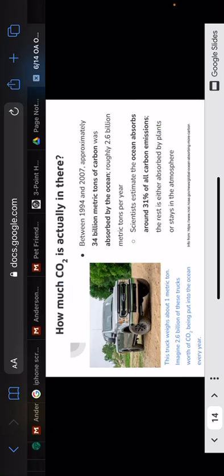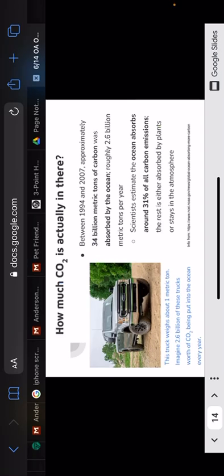All right, so we were talking about carbon dioxide in the atmosphere, and lots of people will say, well, that's not a problem at all. So I thought, so you have an idea of how much carbon dioxide we're releasing, I'd throw some numbers or data in there. It's estimated that between 1994 and 2007, about 34 billion metric tons of carbon were absorbed into the ocean. And so if you're thinking about how much that might be, that's about 2.6 billion metric tons per year.